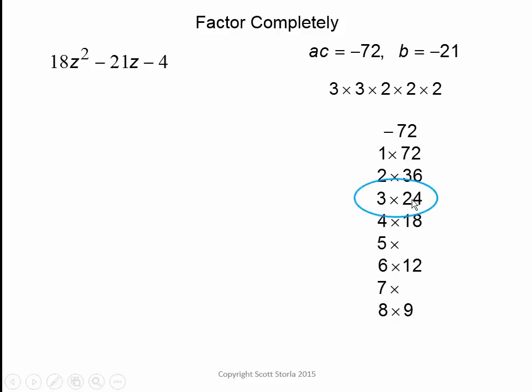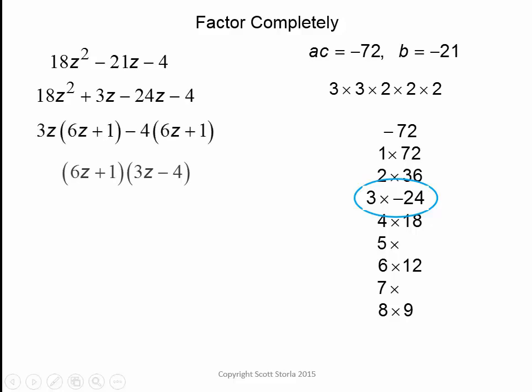So again, I'll use this pair, but I'll have the 3b positive and the 24b negative. If I multiply them, I do get a negative 72, and if I add them, I get a negative 21. So my trinomial will be written as a 4-term polynomial in the form 18z squared plus 3z minus 24z minus 4. And then I'll finish by factoring by grouping.